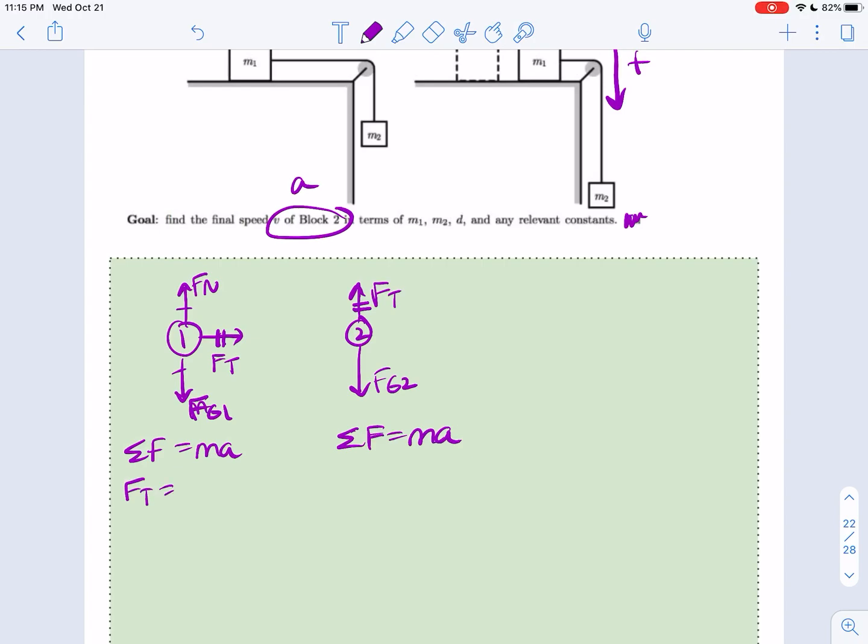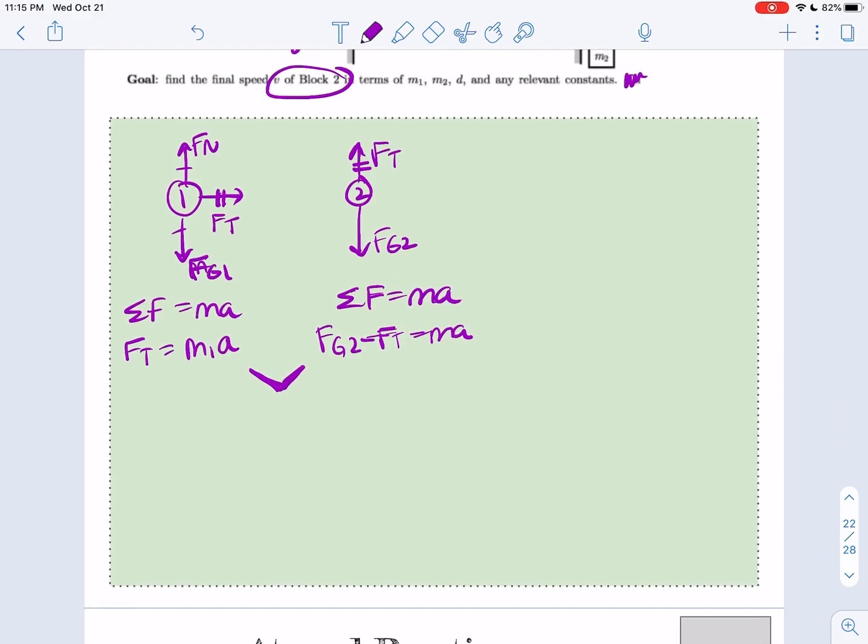This is nice and convenient because with no friction, that just comes out. For block 2, FG2 minus FT equals m2a. Let's get an expression for the acceleration. FG2 is m2g minus FT, which is m1a.